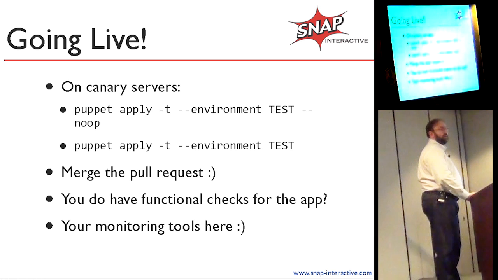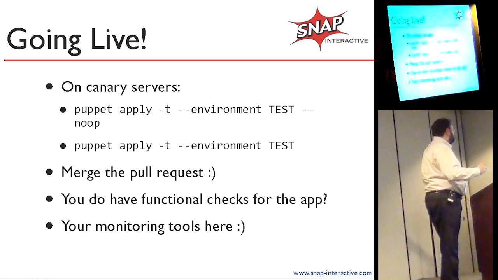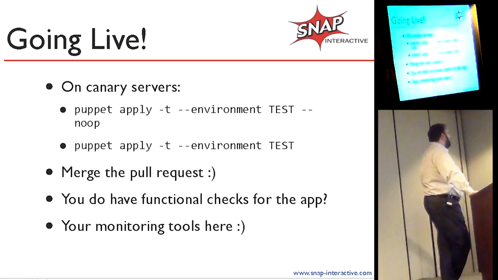It'll just be a separate deploy job. We can test the environment, merge the pull request, and then functional checks happen. We have Selenium jobs for the site, things along those lines. And then your monitoring tools run.